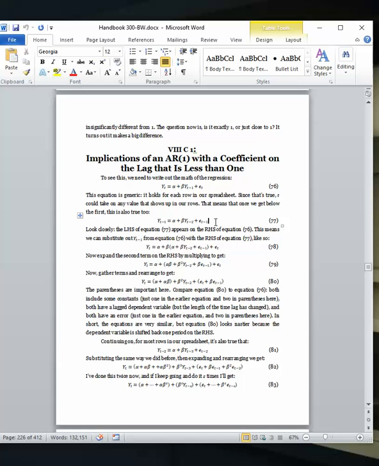In equation 77, I bump it back by 1 year or 1 period. In equation 78, I substitute in the right-hand side of 77 into equation 76.